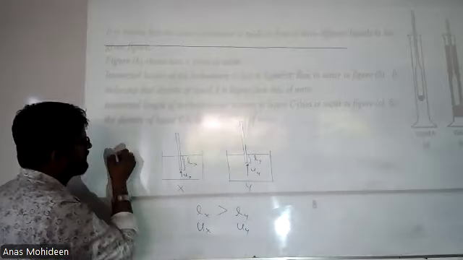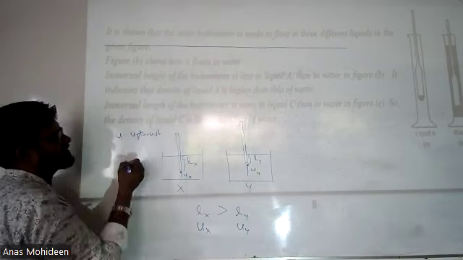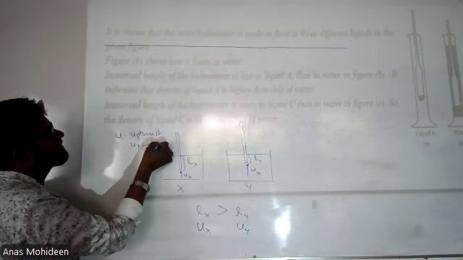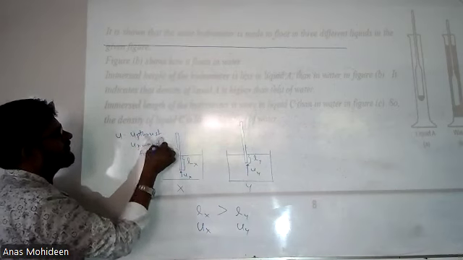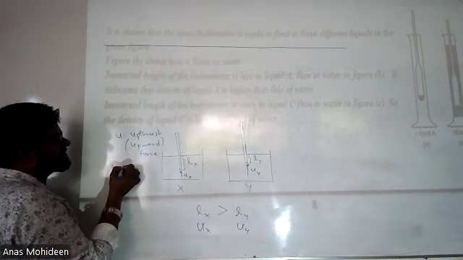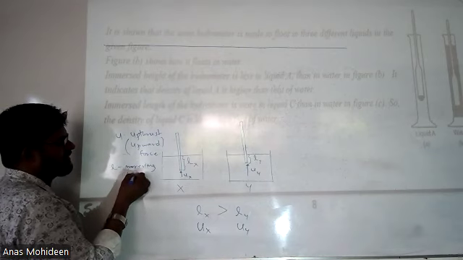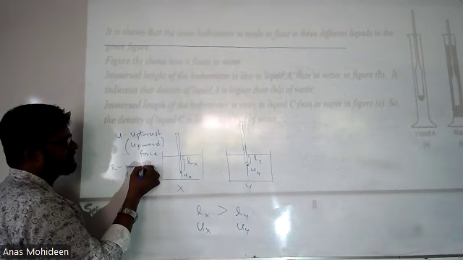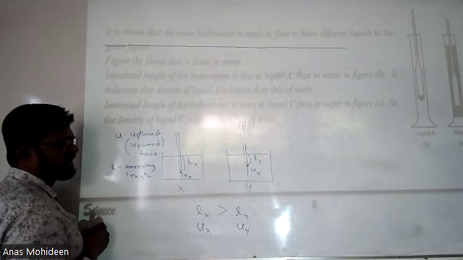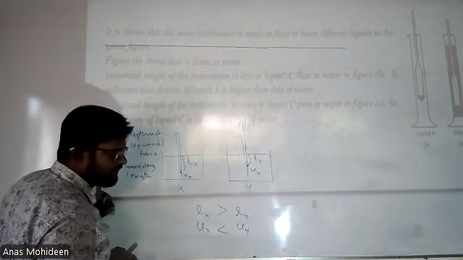U means upthrust, or as we say, upward force. L is immersing length. So you see, U in Y is more.